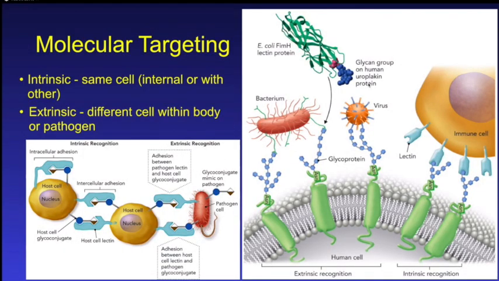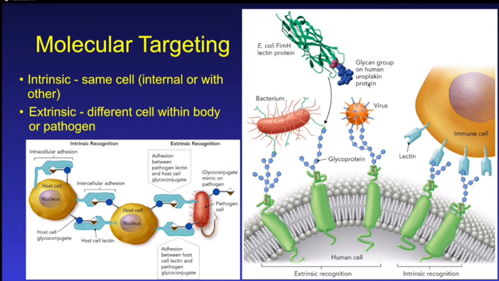Now, why in the world would we want to place information on the outside of a cell? Well, by having those sugars on the outside of the cell, we can have entities bind to that. And so there is some intrinsic and extrinsic binding.